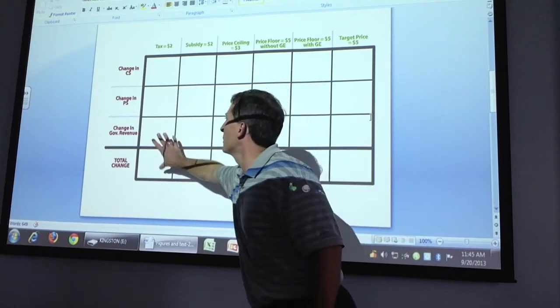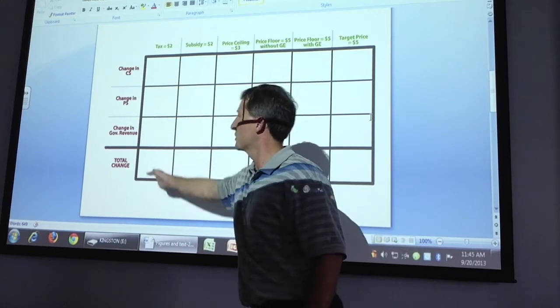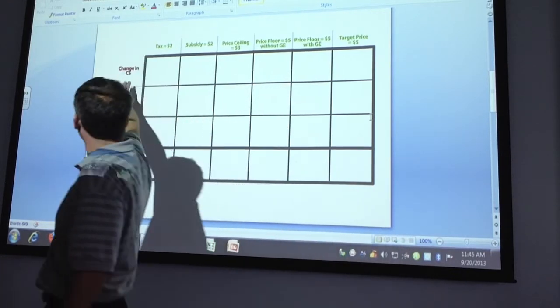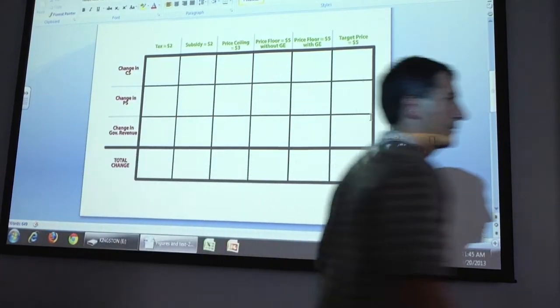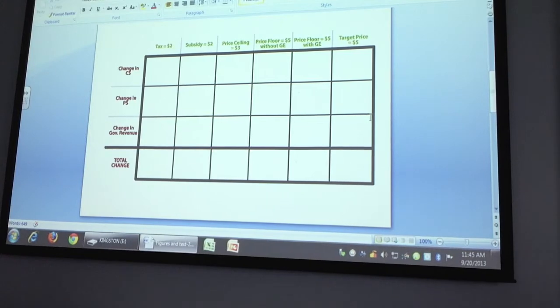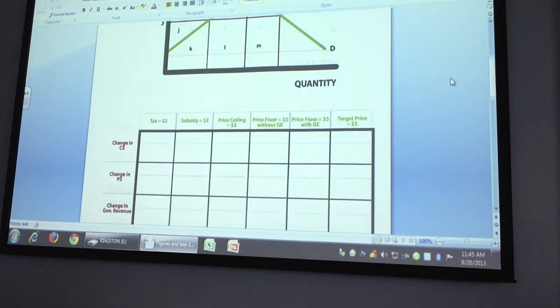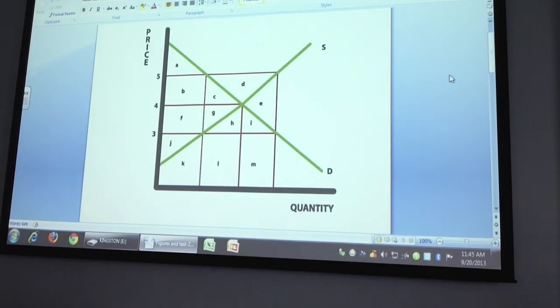So the government imposes a tax of $2 is our first thing, and what I'm asking you to calculate is the change in consumer and producer surplus. We were just doing taxes. Try to imagine your friend the tax wedge.